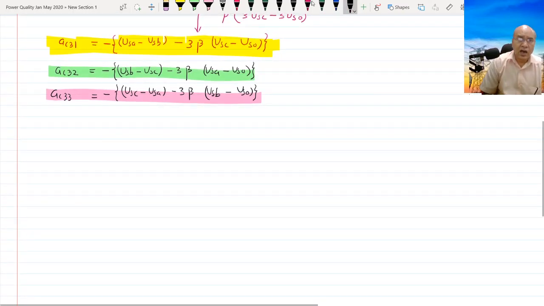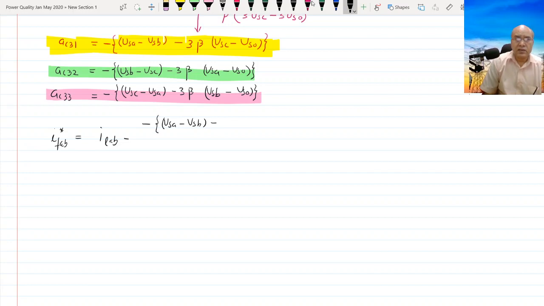So therefore, IFAB star is nothing but ILAB minus AC31, which is this, so minus VSA minus VSB whole bracket here minus 3 beta, VSC minus VS0, close this bracket, into PL average and divide by the determinant of that matrix.